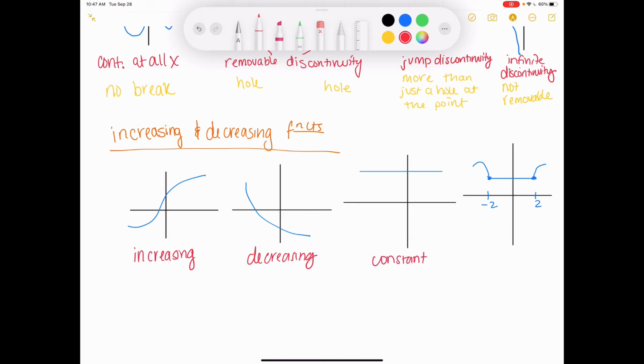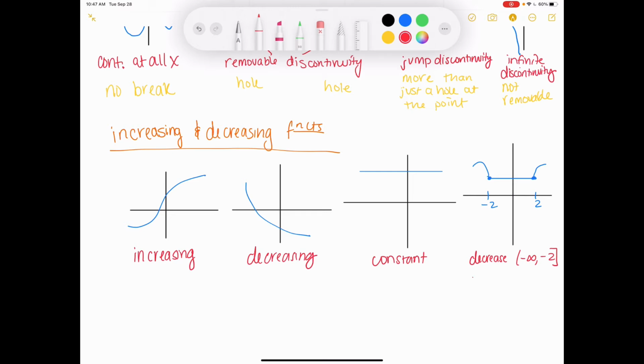And then the last one, okay, we can't see the whole graph, it's stopping there, we can't see it, it does keep going. So what we would say with something like this is that you're decreasing from -infinity to -2. Okay, and we bracket it off because it's a closed circle there.